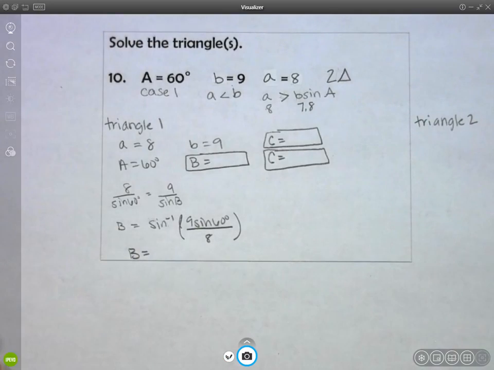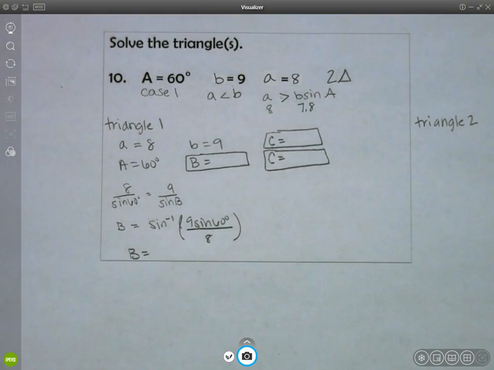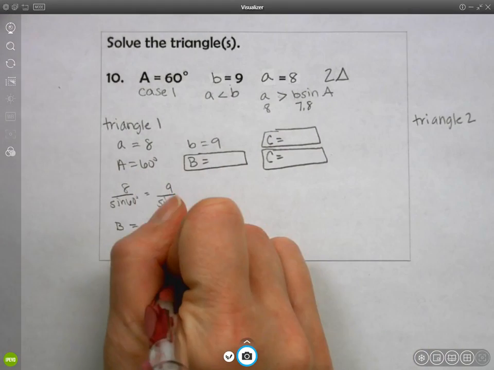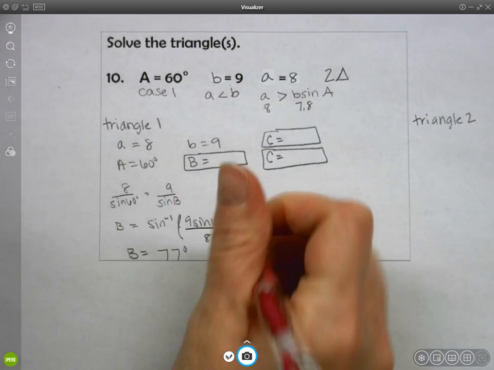So angle B is second sine of 9 sine 60 divided by 8, which gives me 76.97, so we'll call it 77.0.